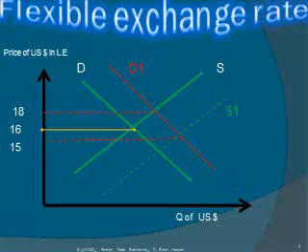The change of the supply level or the change of the demand level in this graph is a shift of the level of demand and a shift of the level of supply. The first change is the shift of the demand curve, and this shift leads the price to increase to the value of 18.